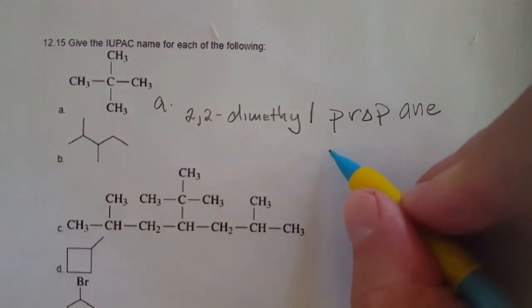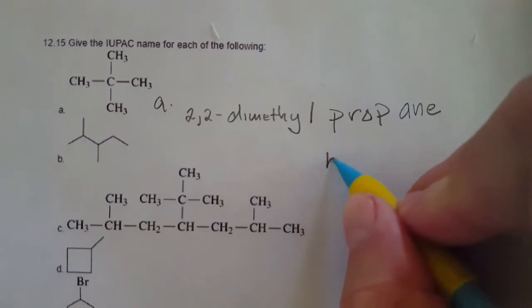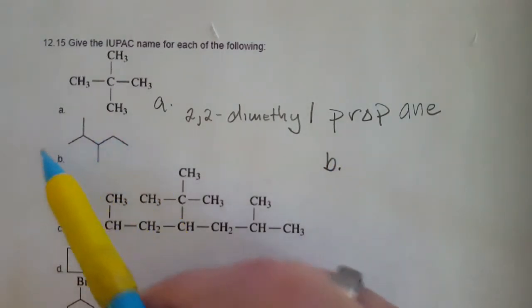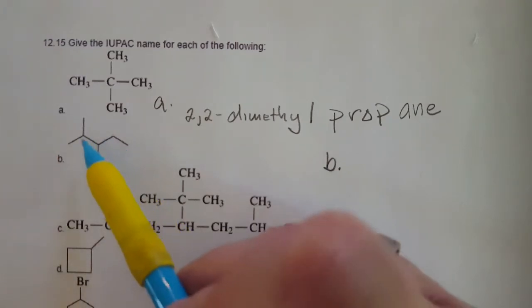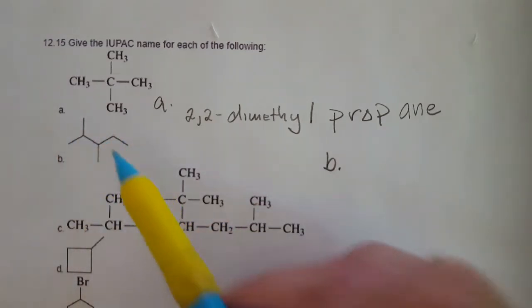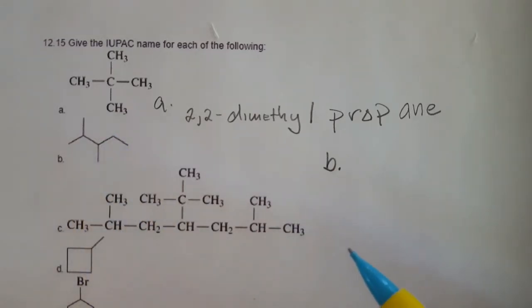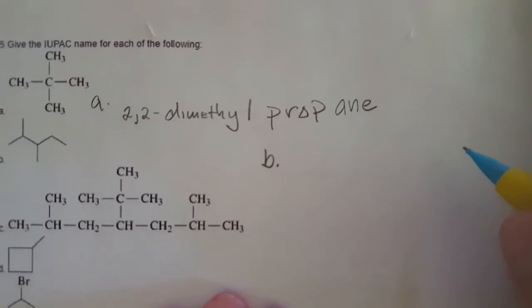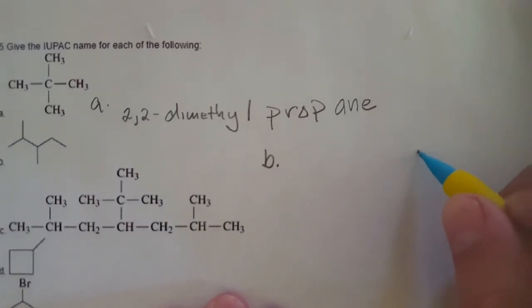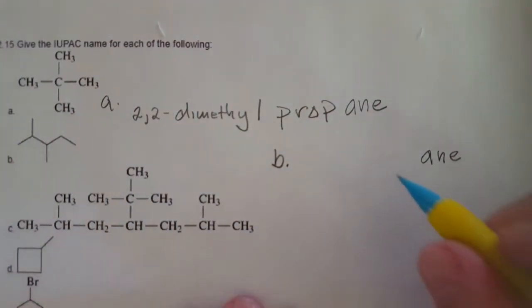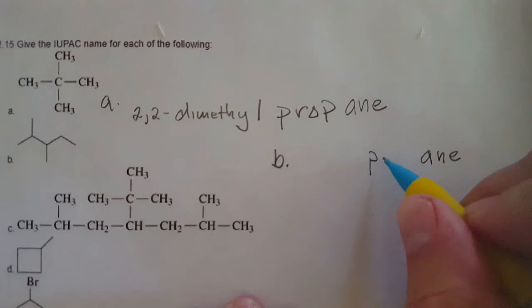Okay, let's do B. Pick the longest chain, 1, 2, 3, 4, 5. So the longest chain is 5. Again, it's going to end in ane. Five is pent.